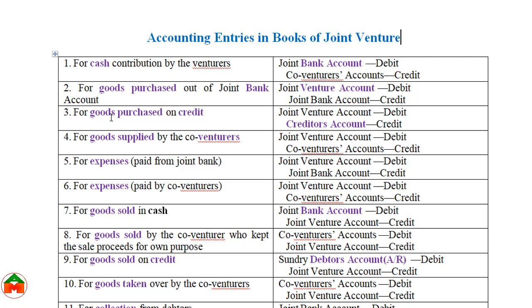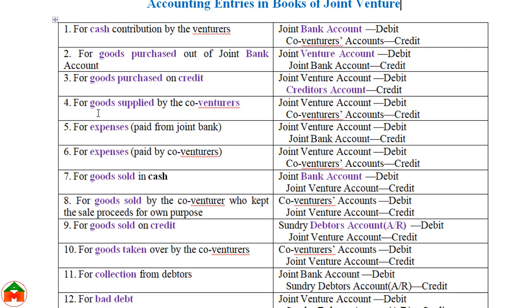That means whenever you purchase the goods on credit, then joint venture account debit, creditors or accounts payable credit. Whenever any co-venturer supplied the goods, then same joint venture account debit, and since it is supplied by the co-venturers, that's why co-venturers account credit.